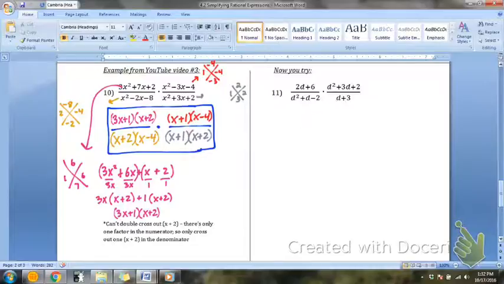Keep going. Your brain's working overtime. Some of you maybe could use a different piece of paper, which would be a good idea. Did you cancel some things? Yeah. You're missing a sign. This right here should be an x minus 4.